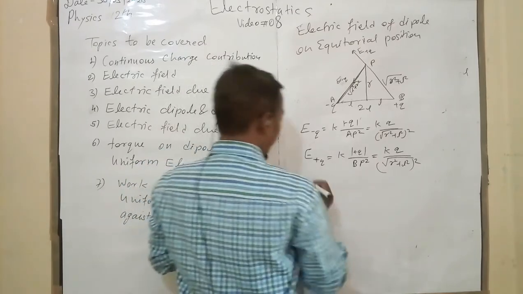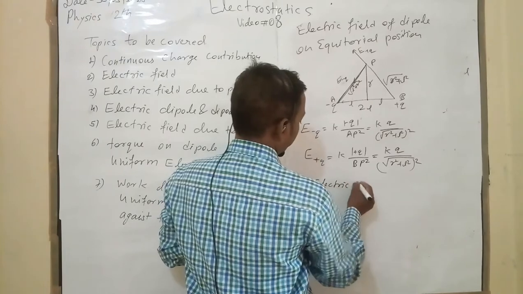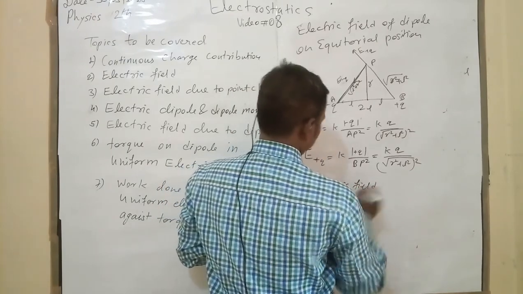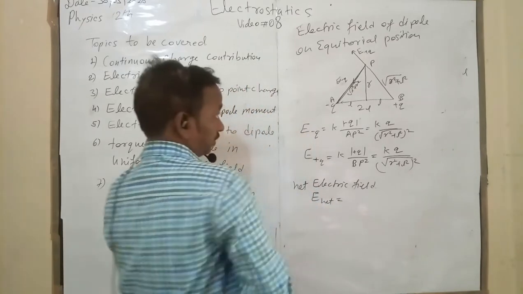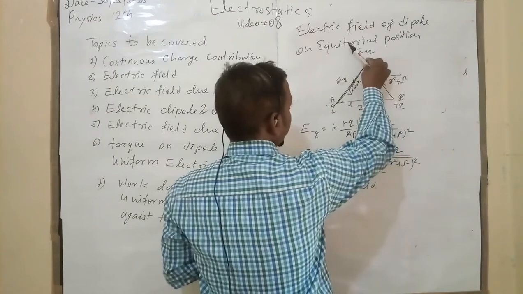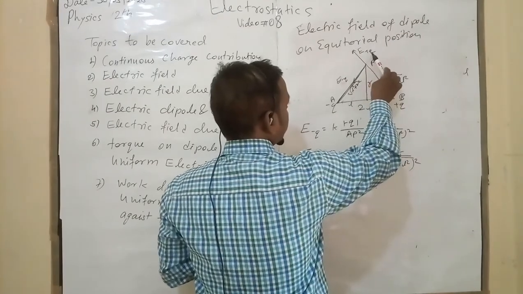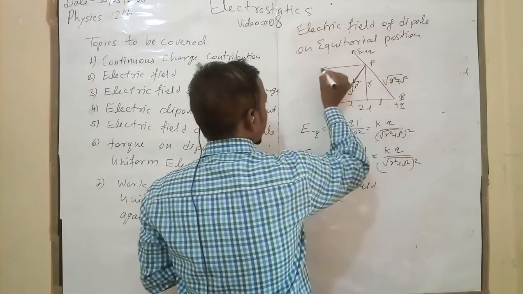So what is the net electric field, E net? Now see, the net electric field always lies between E plus Q and E minus Q, so this field can be this.